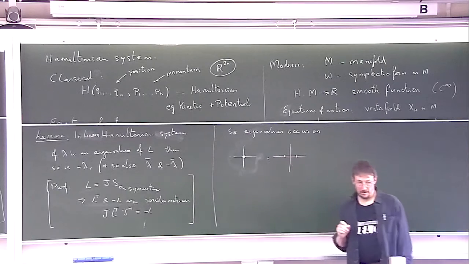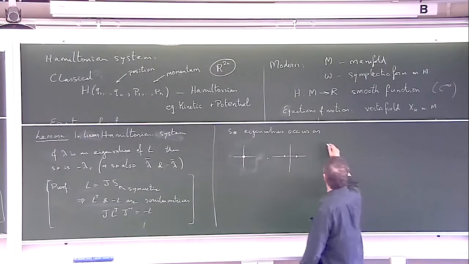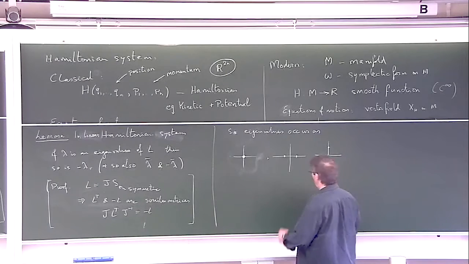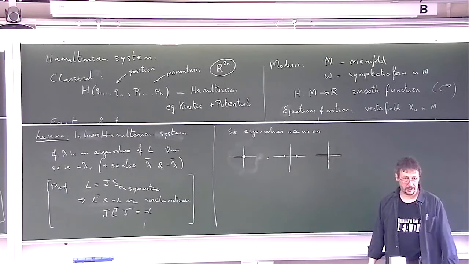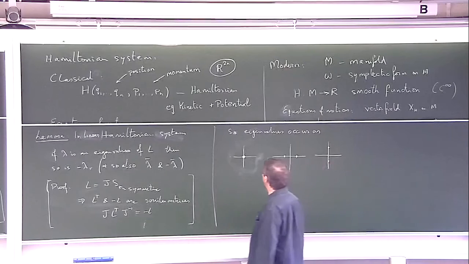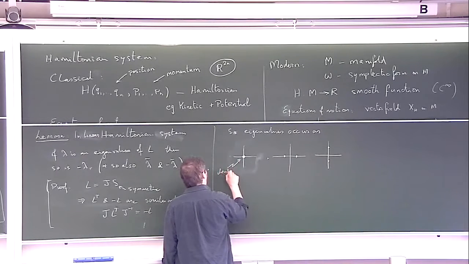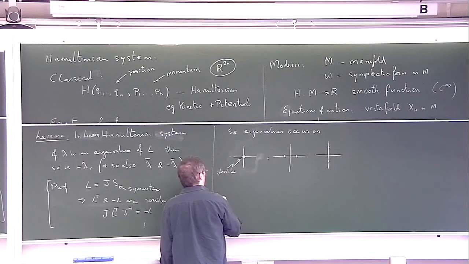We can have a pair of real eigenvalues. A pair of imaginary eigenvalues. 0, I should say, is always double or even.